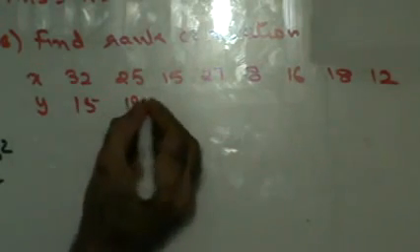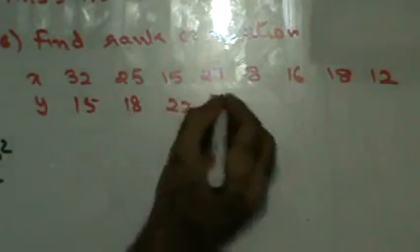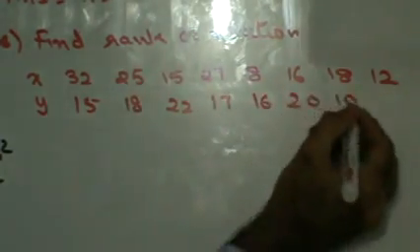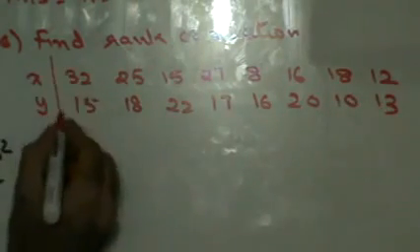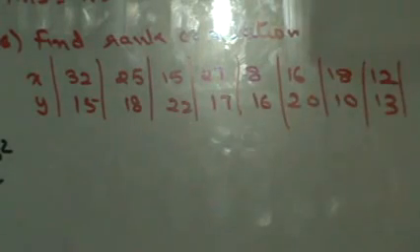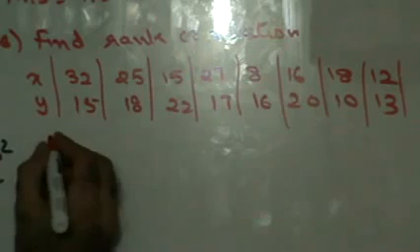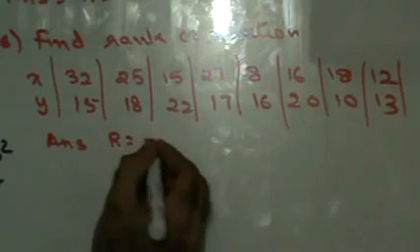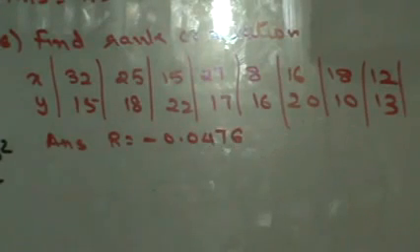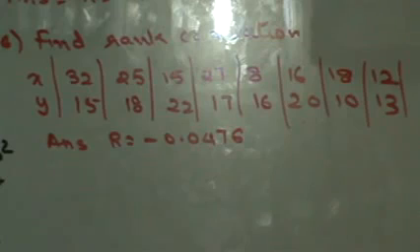Y is 15, 18, 22, 17, 16, 20, 10 and 13. Again, like the second sum, you rank the data and then you get your rank correlation. The answer should be R is equal to negative 0.0476. That is going to be my rank correlation for the data.